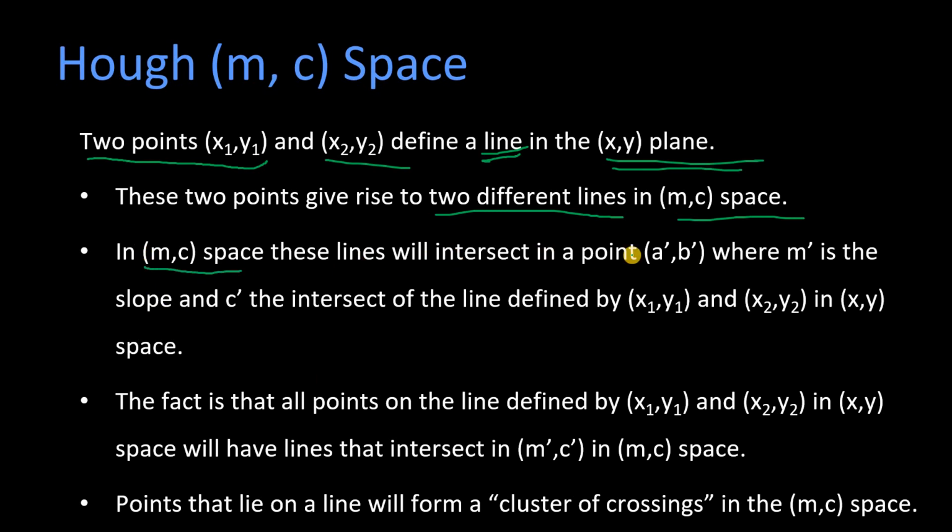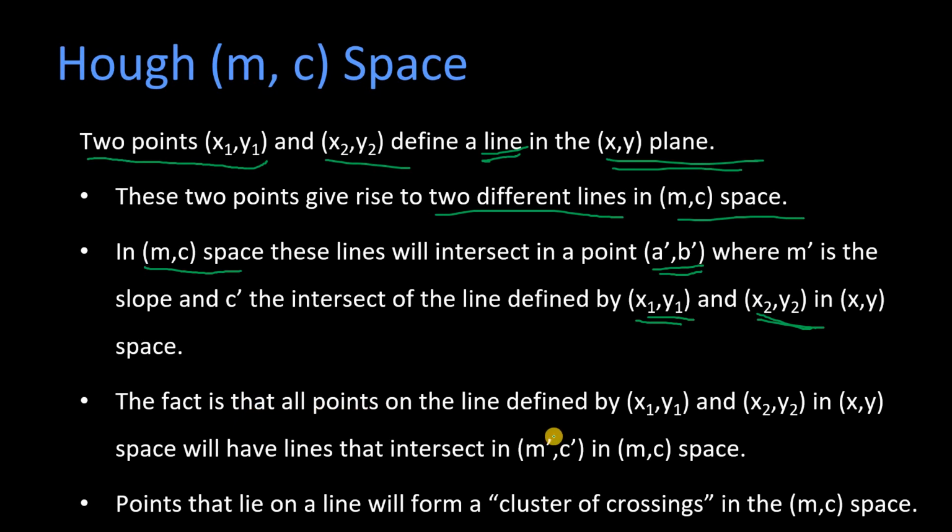So in the MC space, these 2 lines will intersect at some point, for example, A prime, B prime, where M prime is the slope and C prime, for example, will give you the intercept, and it will give you a line that will be defined by the same original points, x1, y1 and x2, y2 in your xy plane.